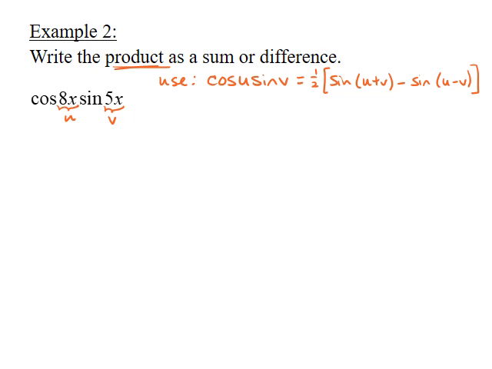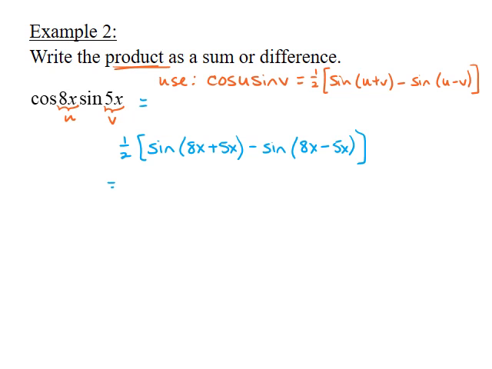All right, so let's go ahead and use this formula. So cosine of 8x sine of 5x becomes 1/2 sine of u plus v, so in our case 8x plus 5x, minus sine of u minus v, so 8x minus 5x.